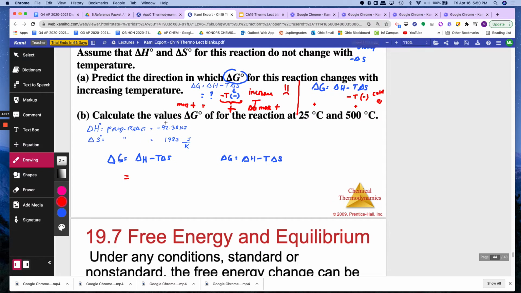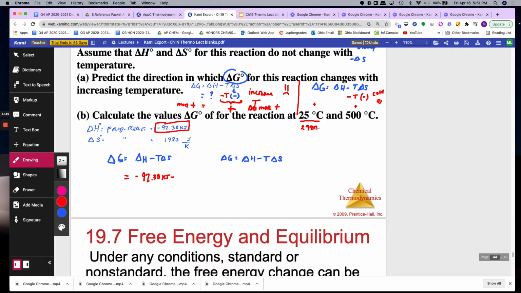I got my delta H to be negative 92.38 kilojoules per mole reaction. Minus the temperature is at 25 C, which is 298 K.